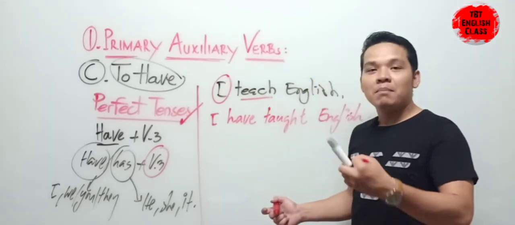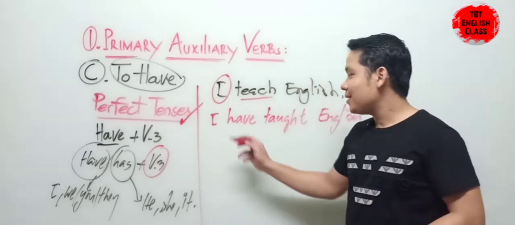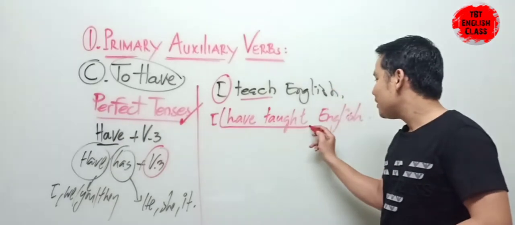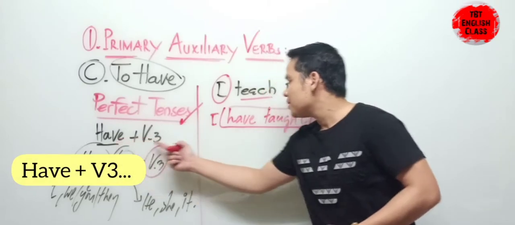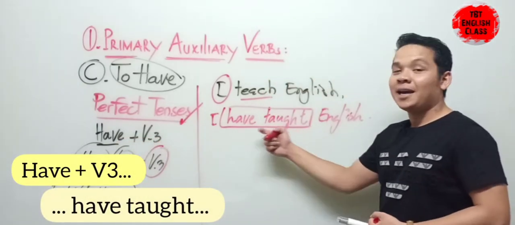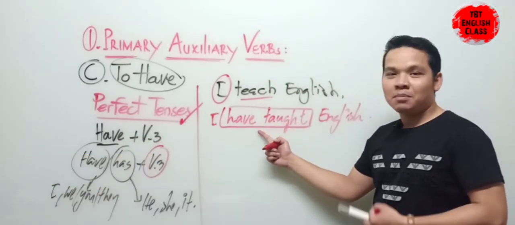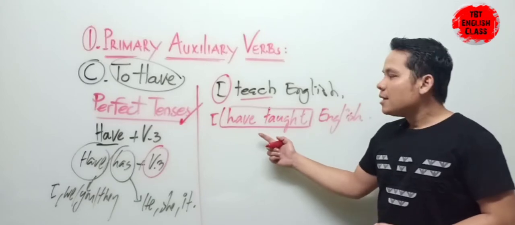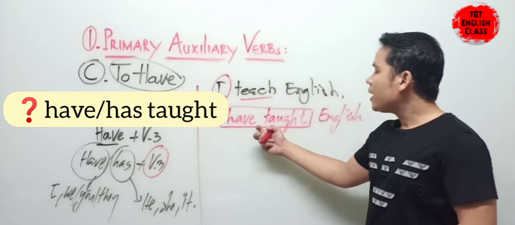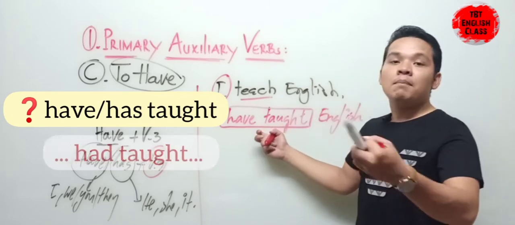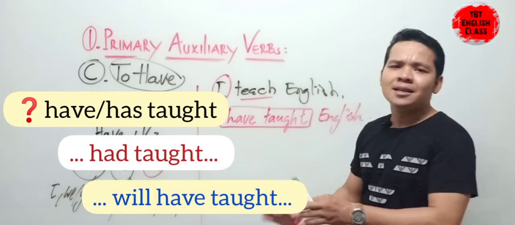Okay, so the main point I want you to focus on is perfect tense: have plus verb 3. "I have taught." This is the form we call perfect tense. Okay, so can we use only present perfect tense? No. We can change it, or we can use past perfect tense or future perfect tense, that's okay.